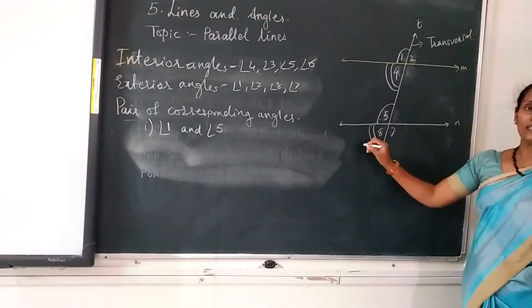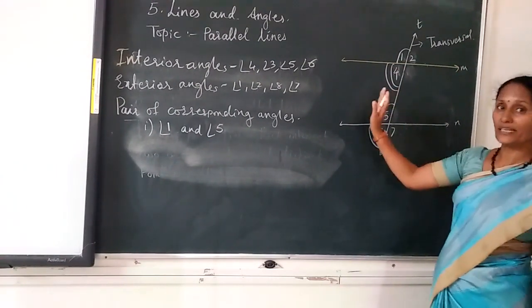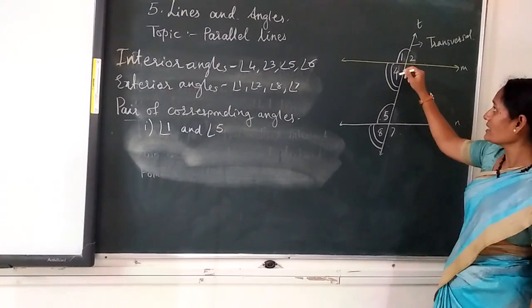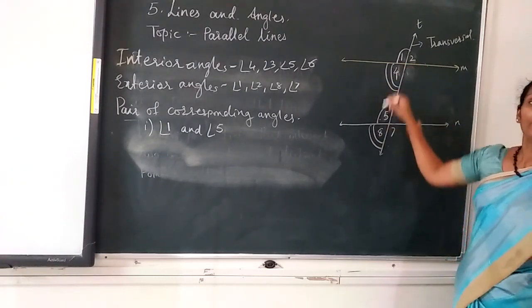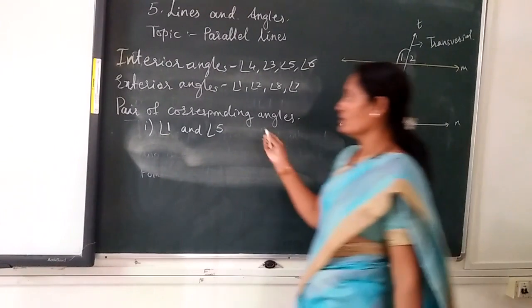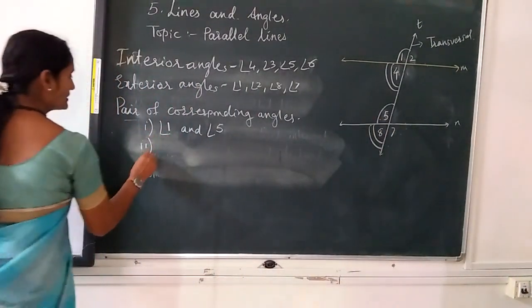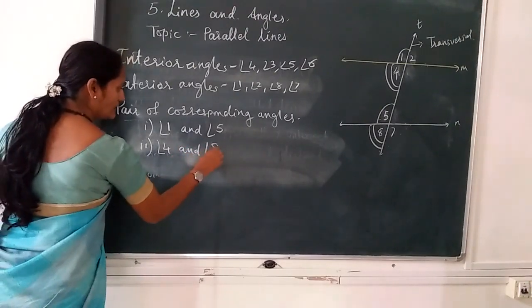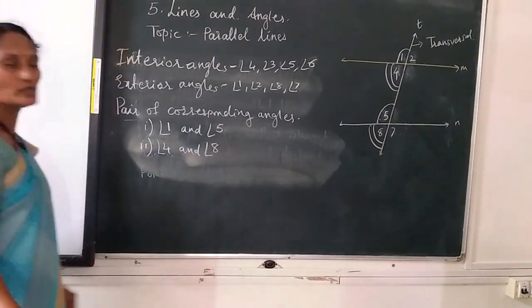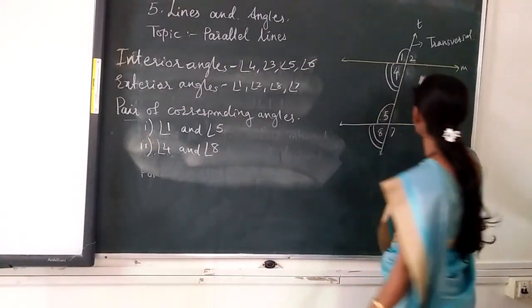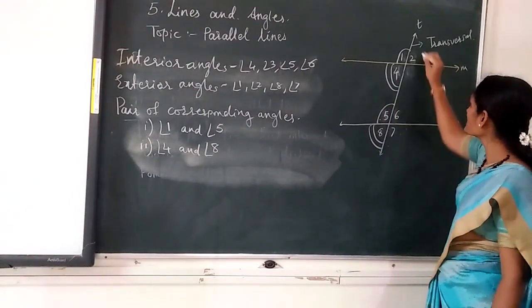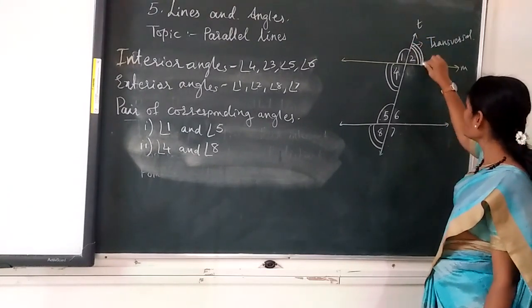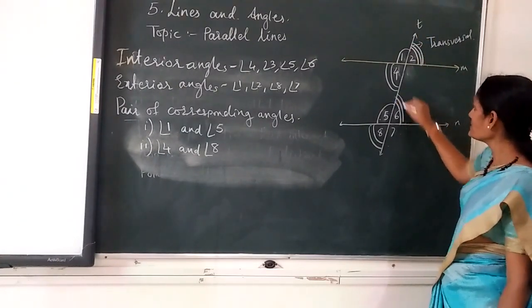Now when these pairs are formed, they lie on one side only. If you observe, 1 and 5 are above the parallel lines, and 4 and 8 are below the parallel lines. So this is the trick to remember these angles. Now let's go to the next side. 2 and here you will get angle 6.